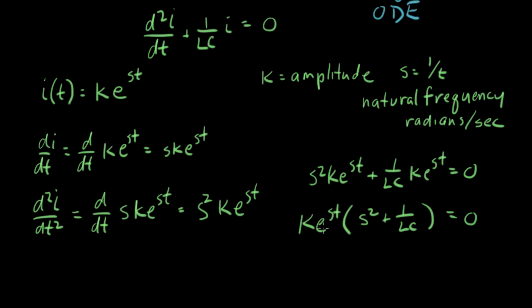But plus infinity time from now is pretty far in the future, and I don't want to wait that long. So the interesting solution becomes: can we make s squared plus 1 over LC equal to 0? This equation is referred to as the characteristic equation.